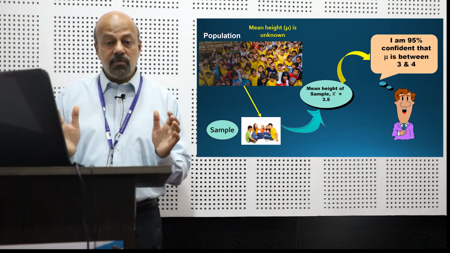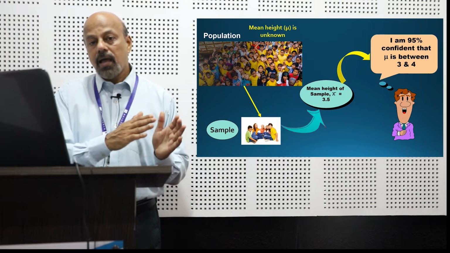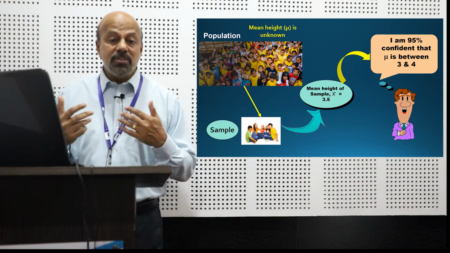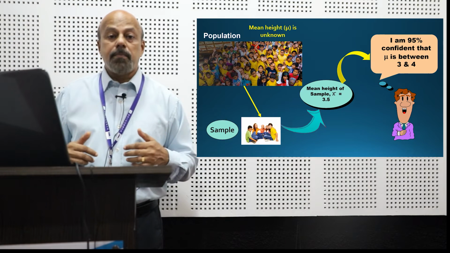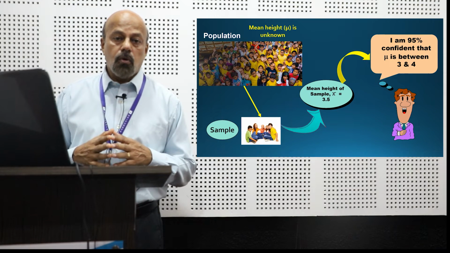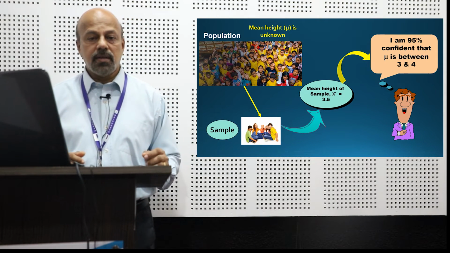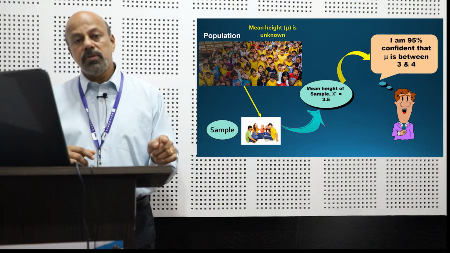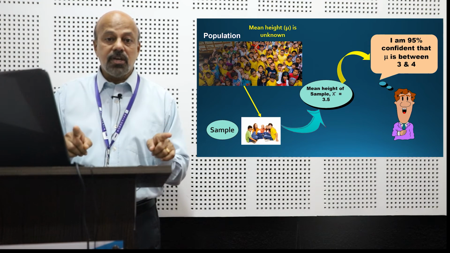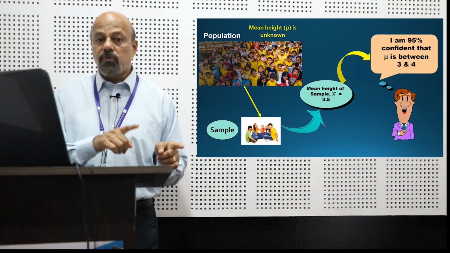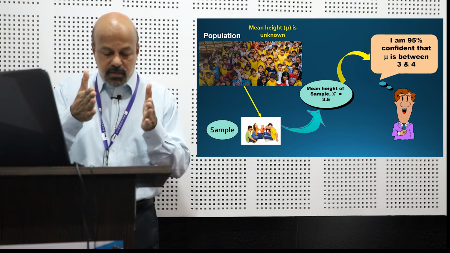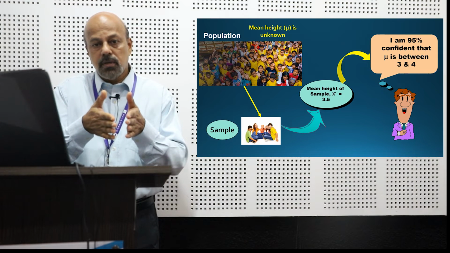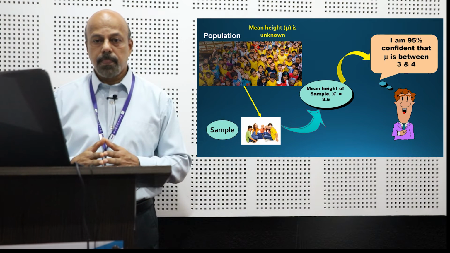Usually we say that I am 95% confident, or 99% confident, or 90% confident that the population mean is between 3 and 4. So there is a range of values, with a lower limit of 3 and an upper limit of 4, and we say the value falls between these two values.